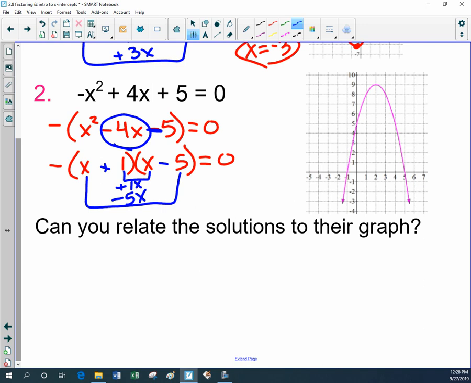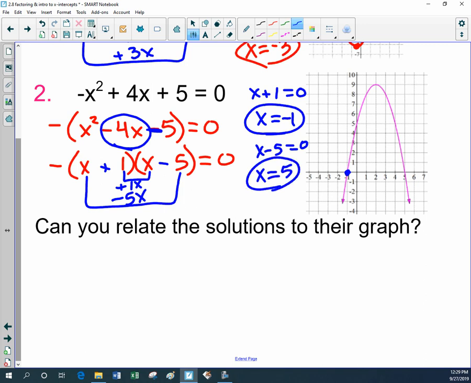So now to solve, set x plus 1 equal to 0. So I get x equals negative 1. If we look at the graph, here's negative 1. So it's crossing at negative 1. Set x minus 5 equal to 0, we get x equals 5.